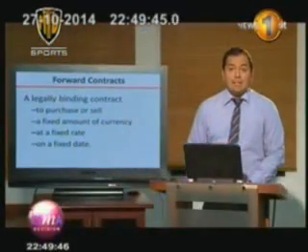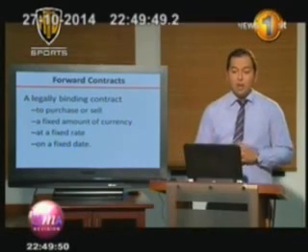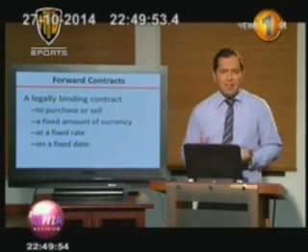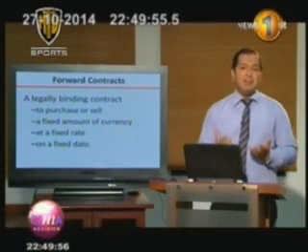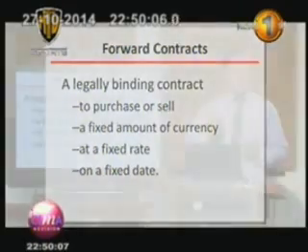Moving on to your external hedging techniques, we'll start off with a very basic product, your forward exchange contracts. What is a forward contract? It's simply a legally binding contract to buy or sell a fixed amount of currency at a fixed price on a fixed date.